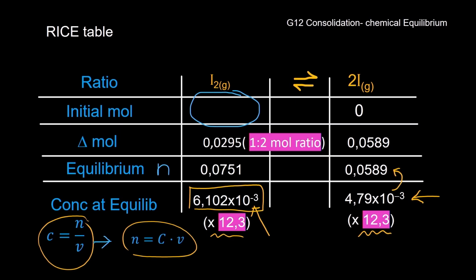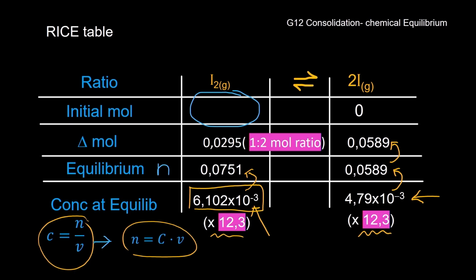So we've got 0.0589 moles at equilibrium for the atoms, and we have got 0.0751 moles for the molecule at equilibrium. What is the change in number of moles, though? Because that is really what we want to find out. So for our product, we know that this is going to be the same value.